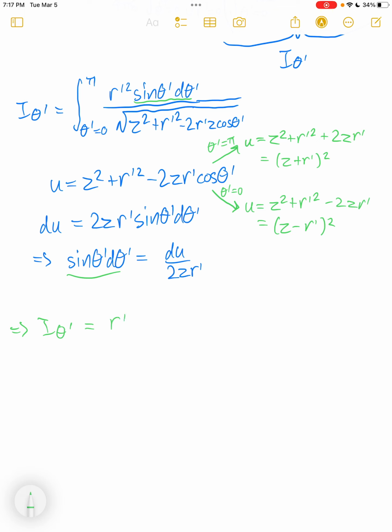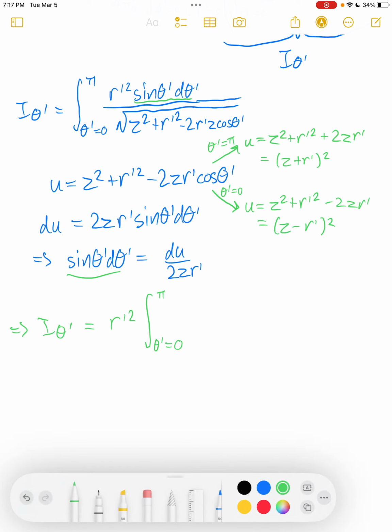All right, so let's rewrite this integral and solve it. I'm going to take r prime squared out of the integral because it's constant. It doesn't depend on theta prime, so we can take it out of the integral. And now I need to write this in terms of u.